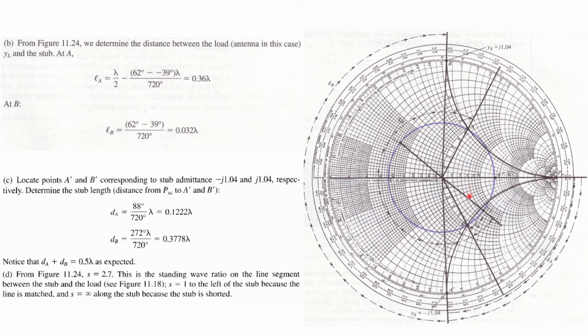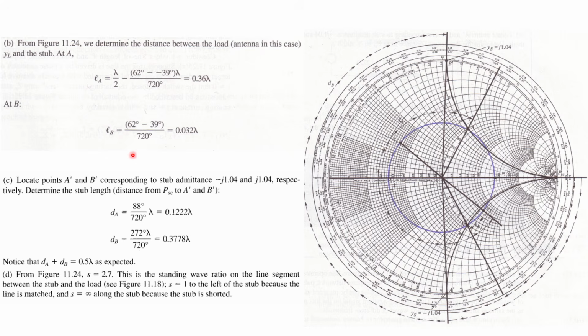This is minus 39. Check it here, this is minus 39. So total lambda by 2 minus this region will be the full length of your LA. So LA is equal to lambda by 2 minus 62 minus 39. So you will get the final value.